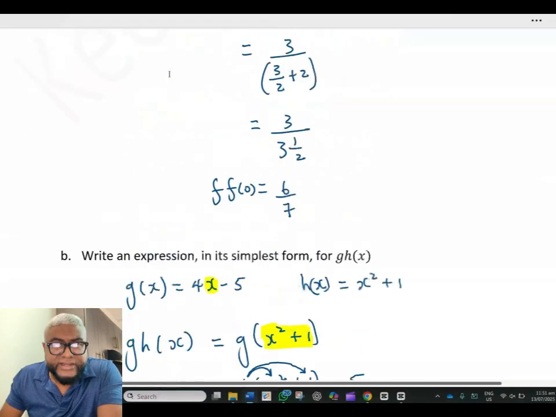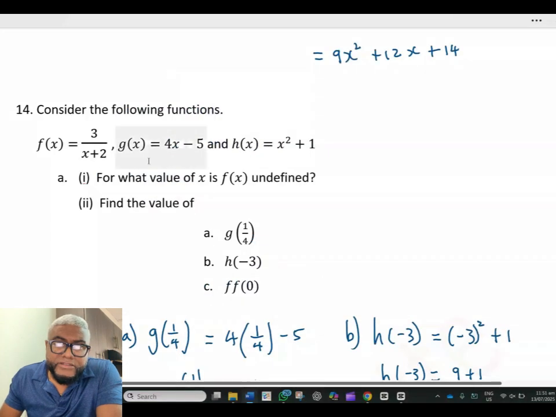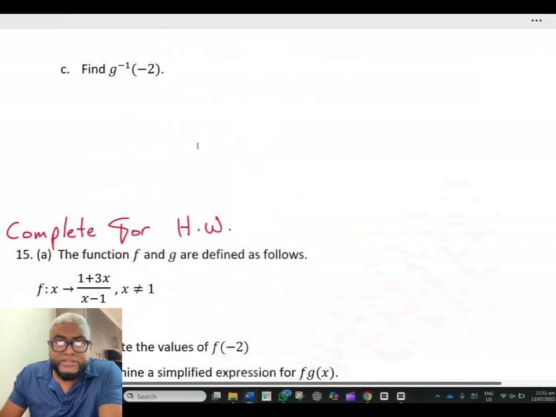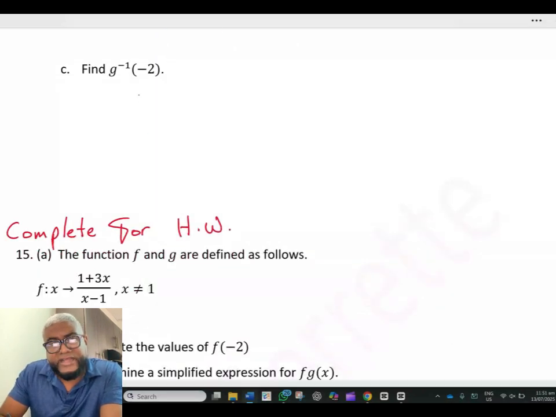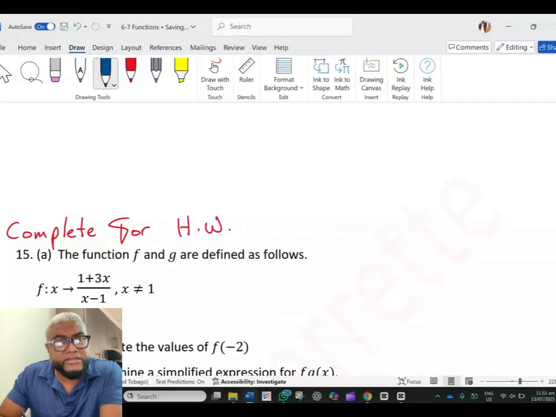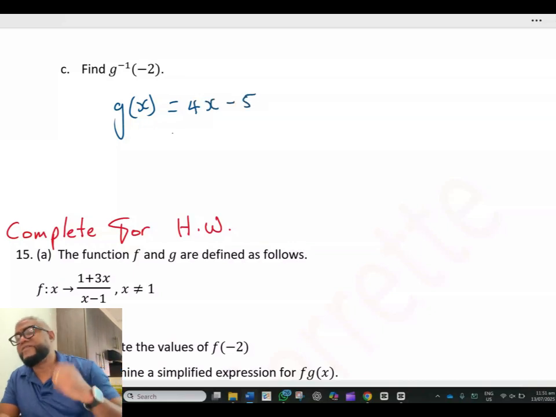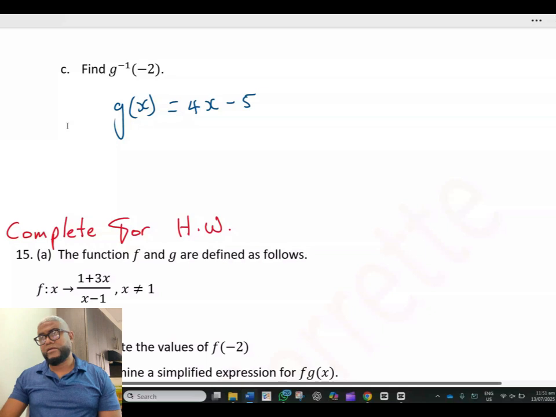So let's see what g of x is, right? g of x is 4x minus 5, right? After this we're done for the day. What's the first thing we have to find here, Priya? Anybody, what's the first thing we have to find? g what?